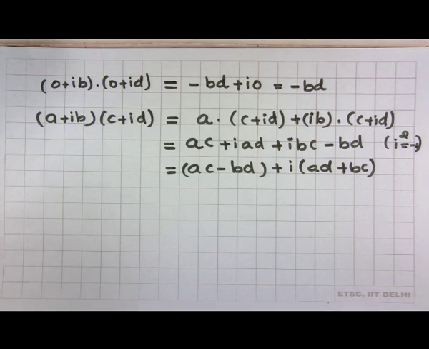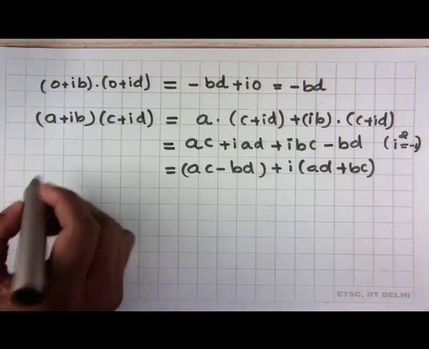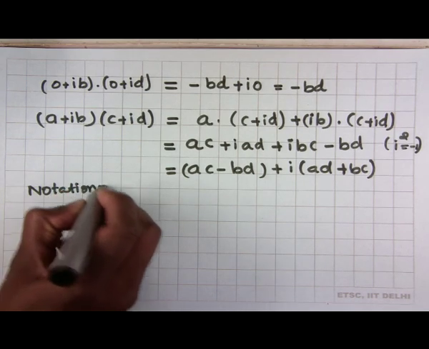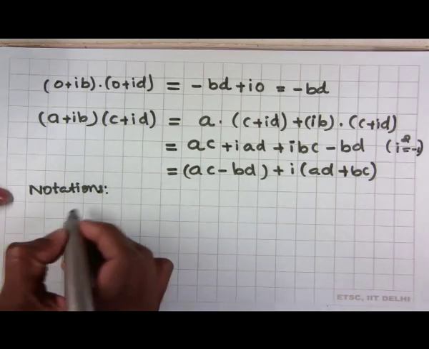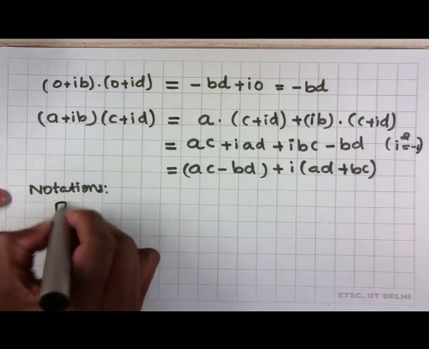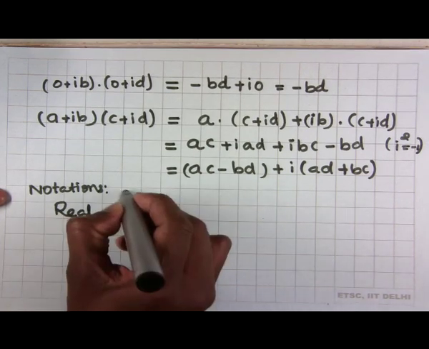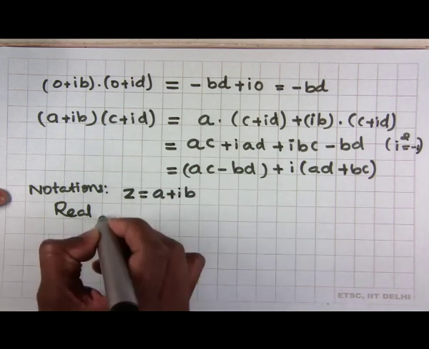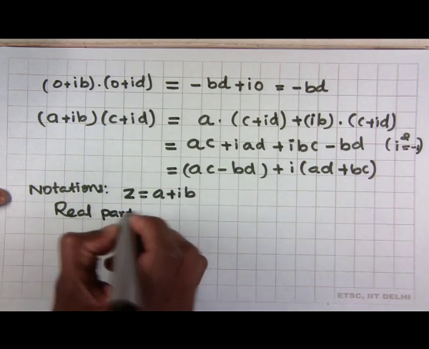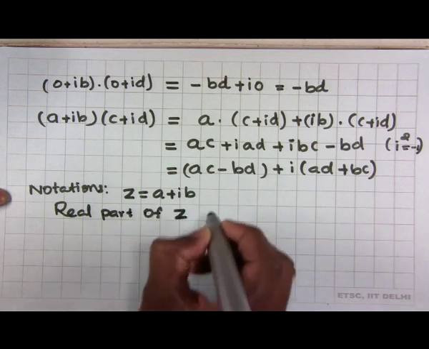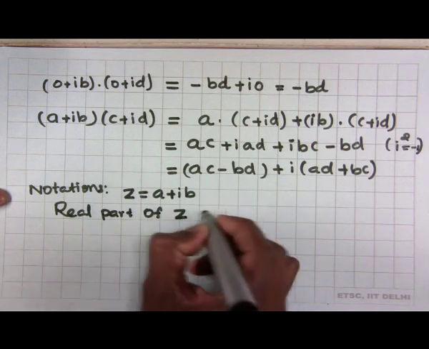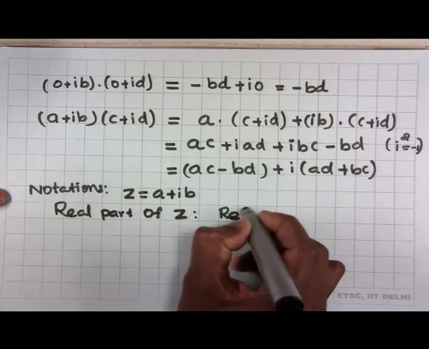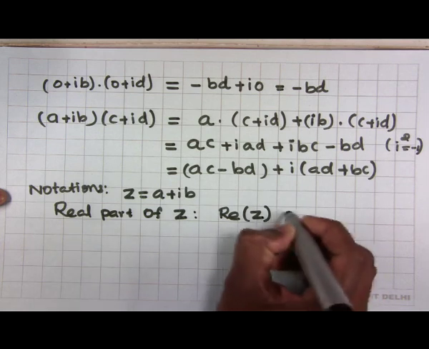Now, let me introduce some more notations. Let us say that Z is a plus i b. The real part of Z is defined as Re Z, which is a.